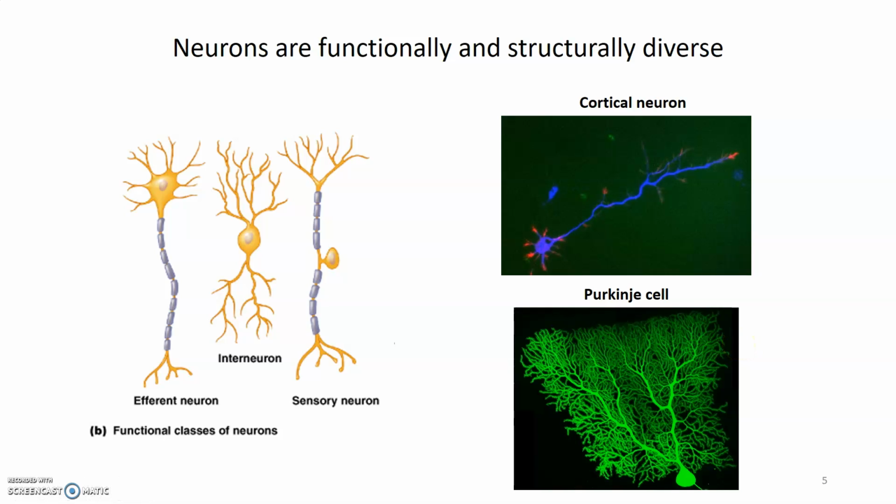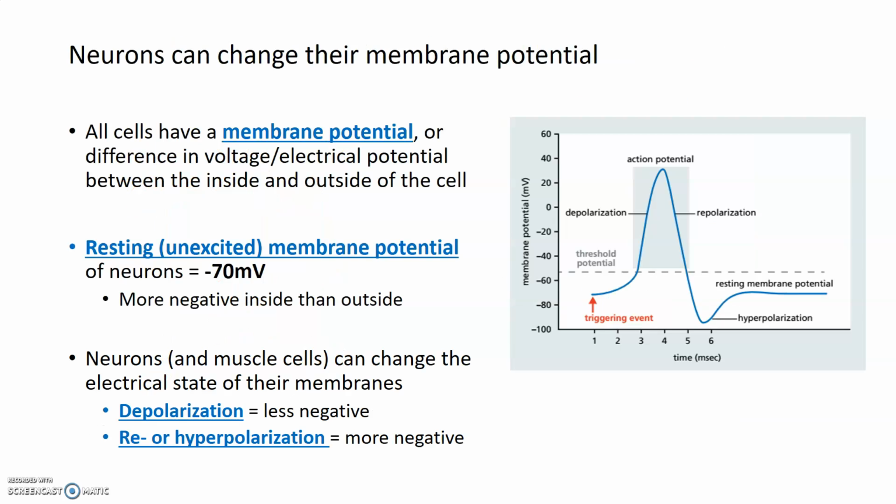But regardless of what function they have or what their ultimate structure is, all neurons do have these axons and dendrites. And all neurons also have this unique ability to change their membrane potential. And this is something that's relatively unique, as I said, to neurons and to muscle cells. And so all cells have a membrane potential.